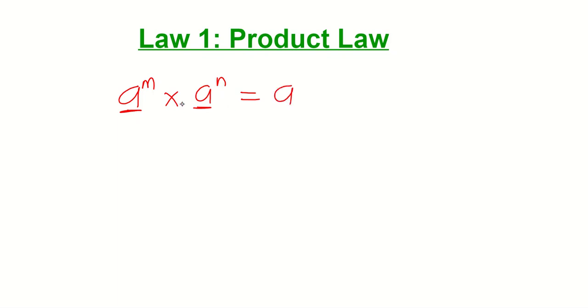Since the bases are multiplying, we add the exponents. So we have m plus n. Once the bases are the same and they are multiplying, we write one of the bases and we add the exponents. We can take further examples for better understanding.